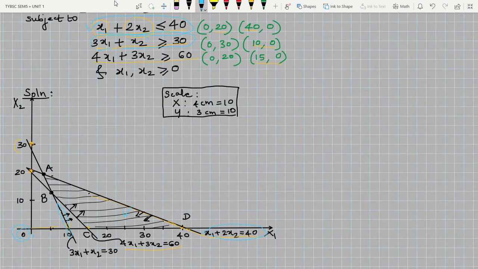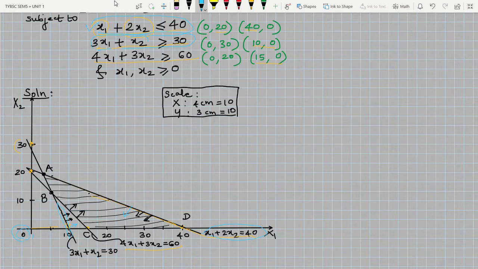That means for this line, the side on which the origin is lying is not the required region, it is the other side. So the arrows would come on the right side of this line. You can see these arrows over here.